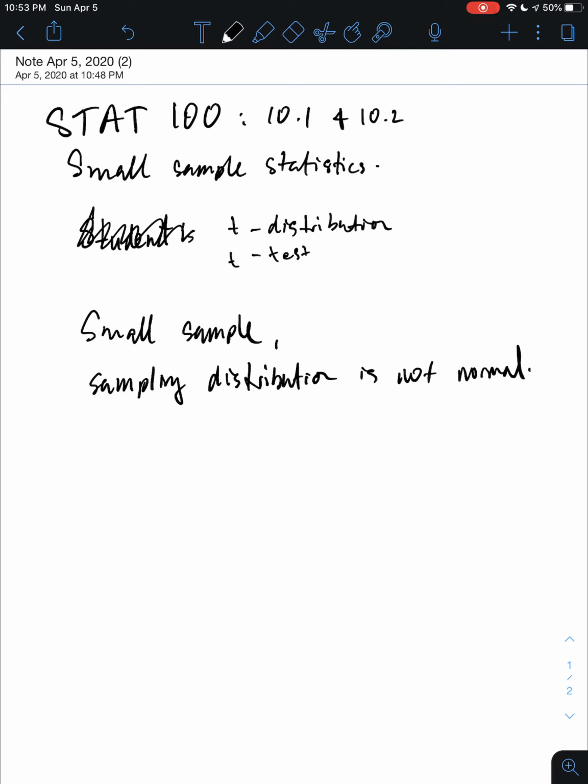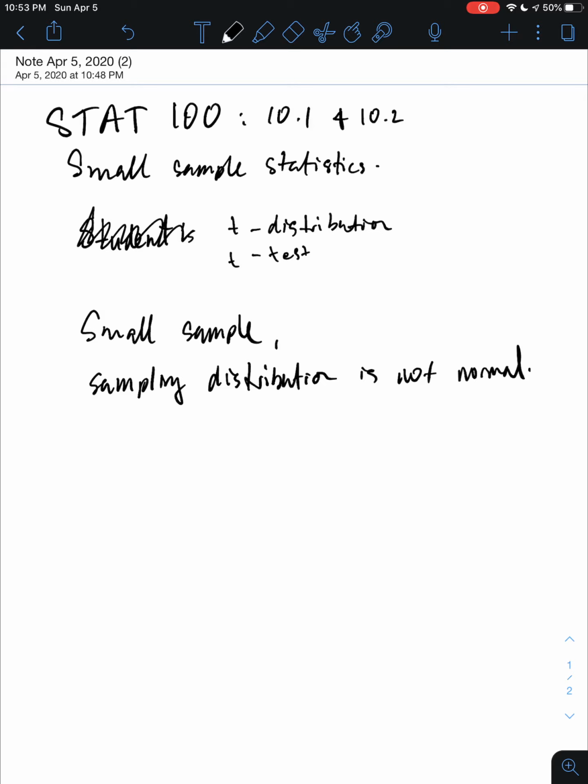So it doesn't say anything about what it is, and that seems to destroy any hope that we're going to be able to do statistics with small samples. However, there is a way out.